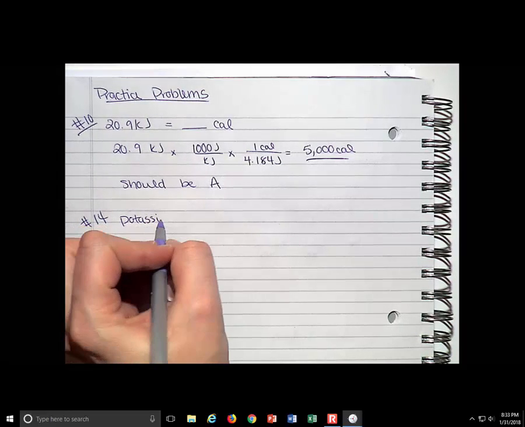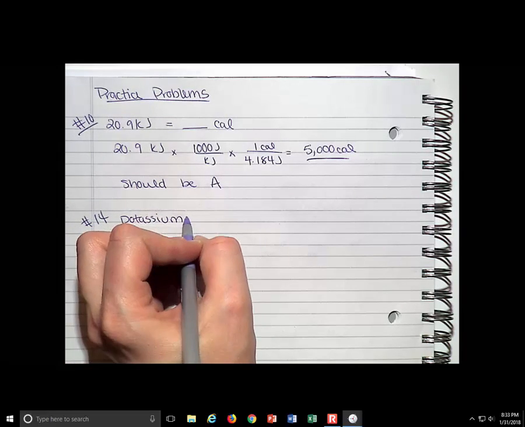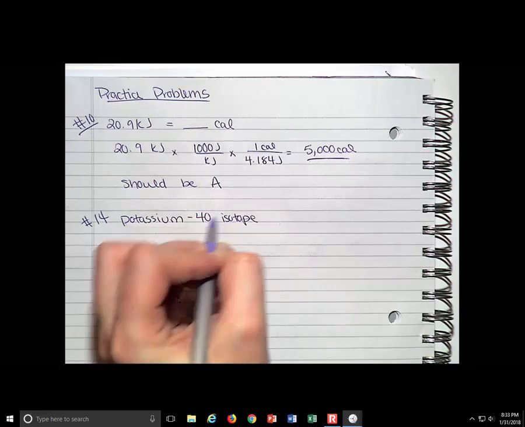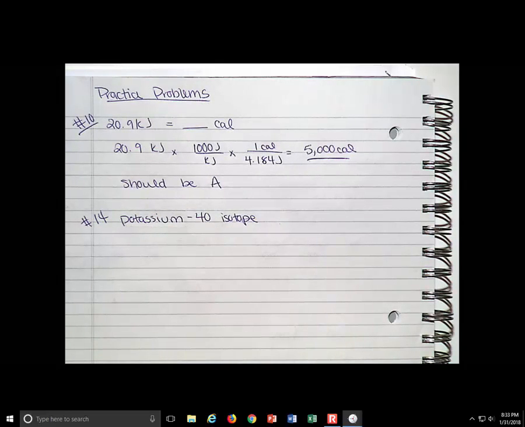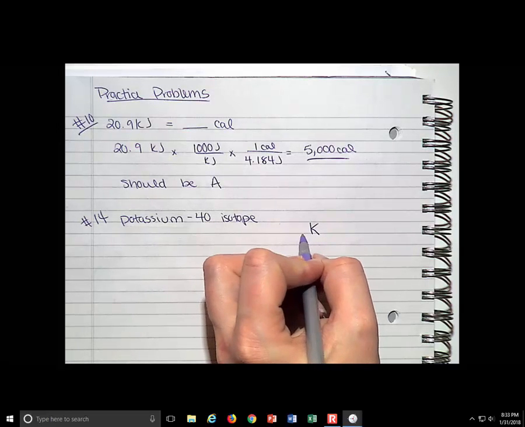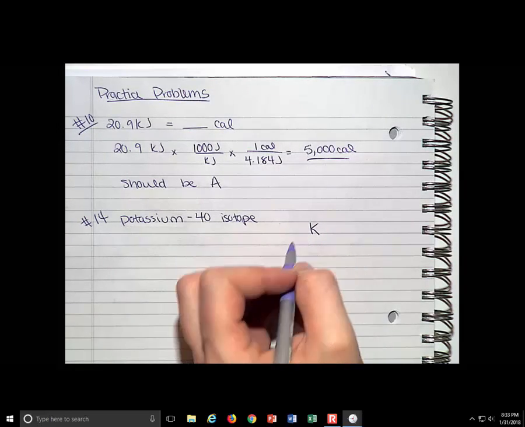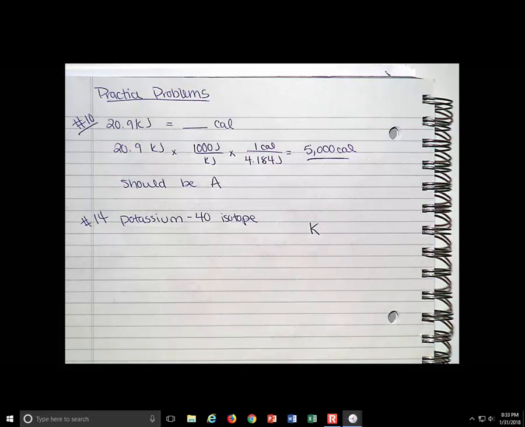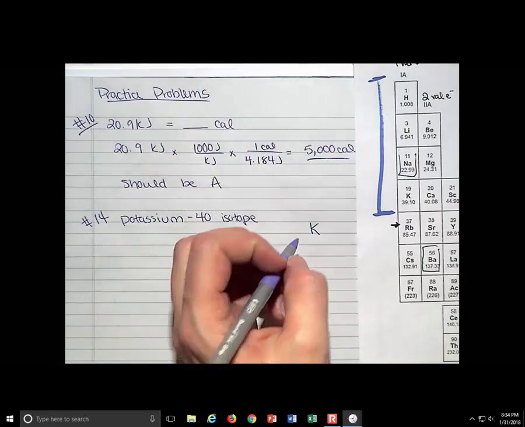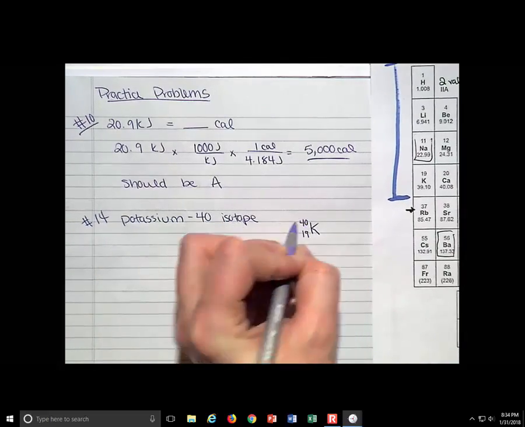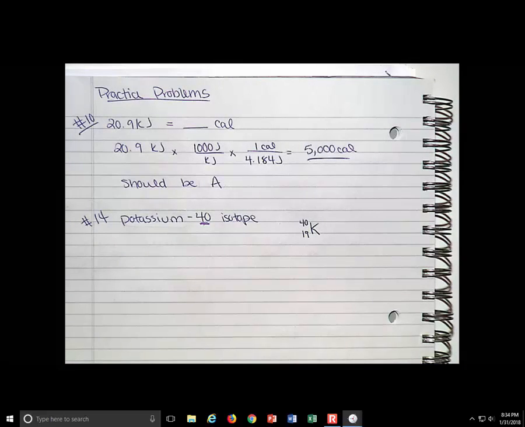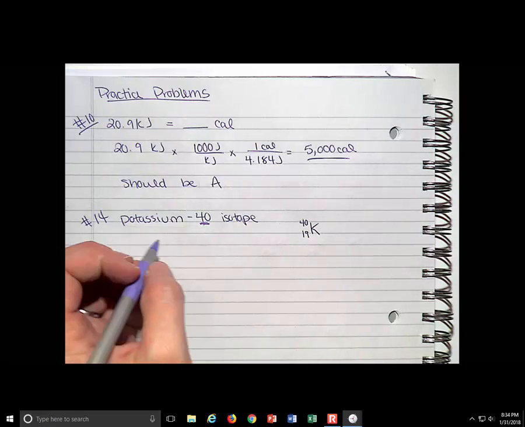Potassium is one of the strange ones. The symbol for potassium is K. And then we put the mass number on top and the atomic number on the bottom. Potassium is 19. So 19 should go here and 40 should go on top because this is our mass number. So it should be D.